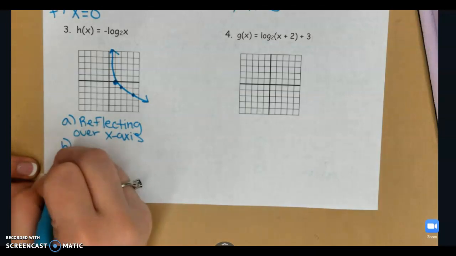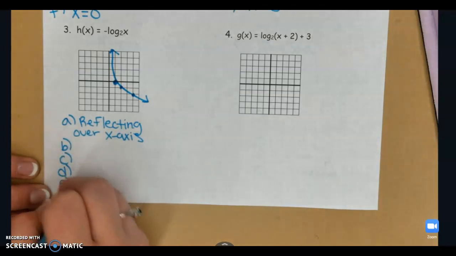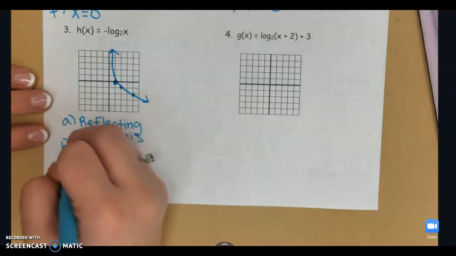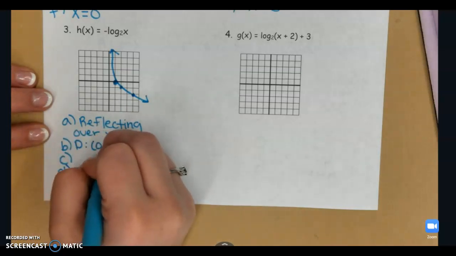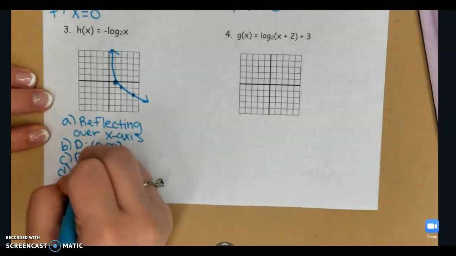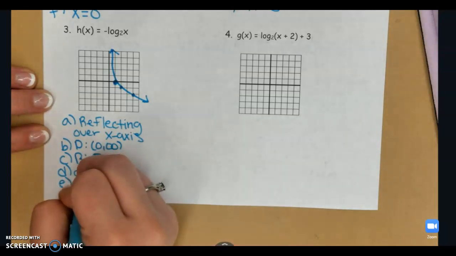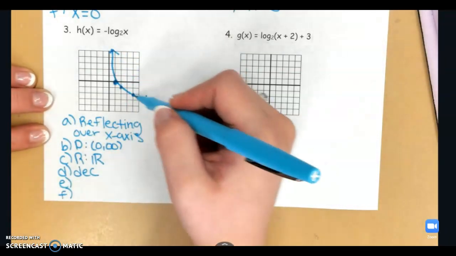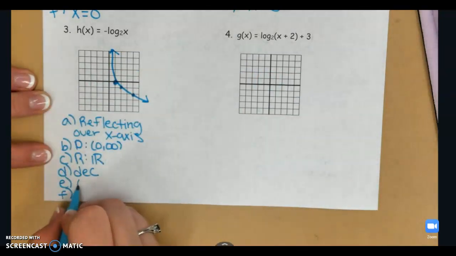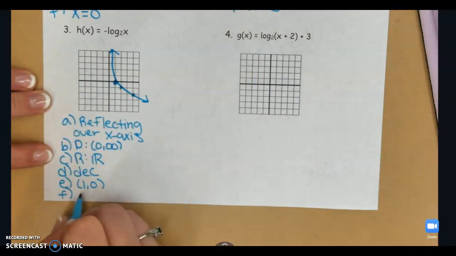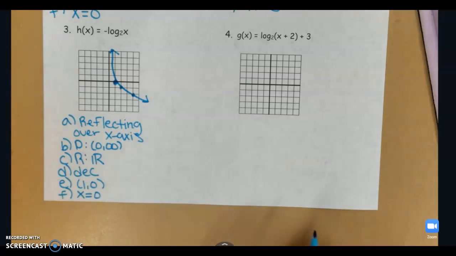So this is my new transformed function. My domain is still all positive numbers. My range is still all real numbers. I am now decreasing. If I'm walking from left to right, I'm going downhill. My x-intercept did not change, and neither did my vertical asymptote.